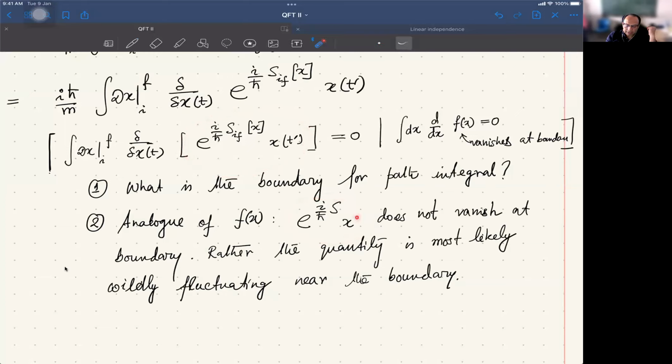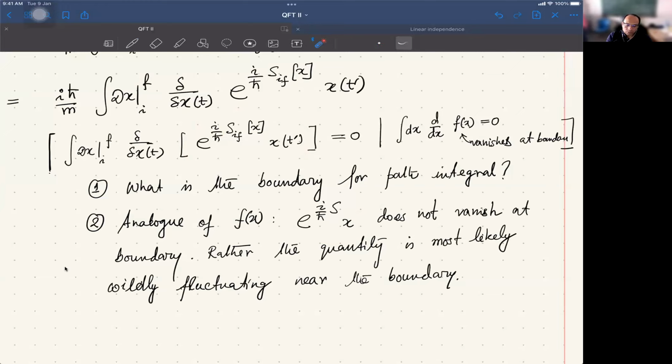Since x is linear, it is certainly increasing towards the boundary, but depending on what kind of action you take, for very largely deviated paths this may be a very wildly fluctuating phase, and therefore this quantity is extremely wildly oscillating near the boundary, and that is certainly not zero, and we need to be better equipped to calculate such things.